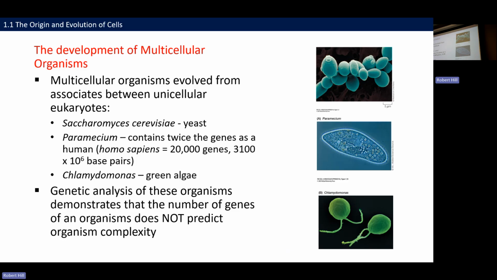But the number of genes you have does not indicate complexity, or the number of chromosomes as well. A potato, for example, has, I think, 127 chromosomes, something like that. How many chromosomes do we have? 46, right? So, chromosome number and gene number are not indicative of complexity all the time.